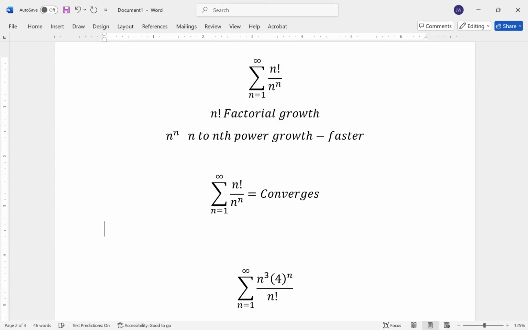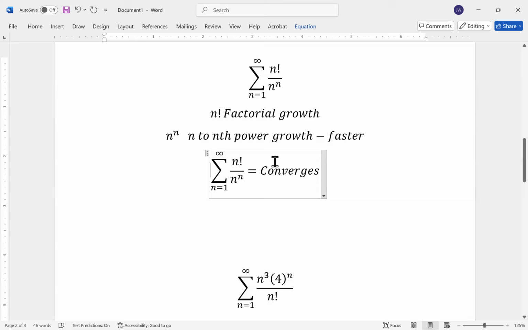Remember, the infinite series 1 over n squared, we saw converges. n to the nth type growth is much faster than n to the p type growth, and even if I counteract that with some other orders of growth, it's still a lot faster than n to the p growth.